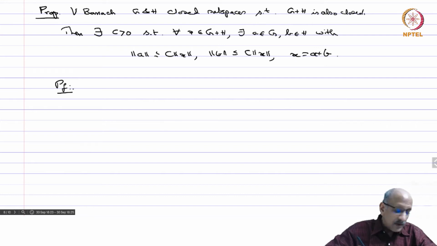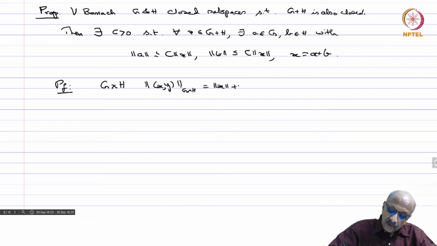So you consider the space G cross H with the norm, (x,y) norm, we have already seen this, in G cross H is norm x plus norm y. So given a product, now both are closed subspaces of a Banach space, so each one is a Banach space in its own right.